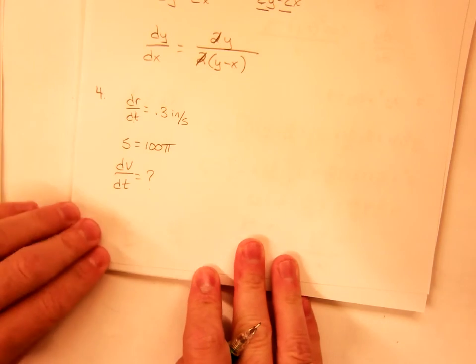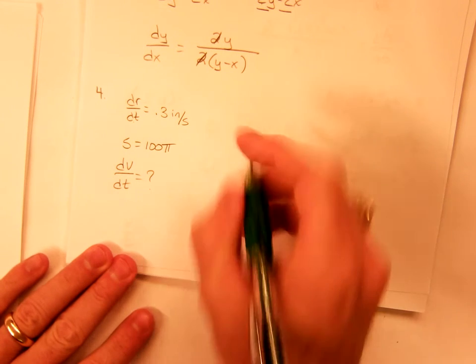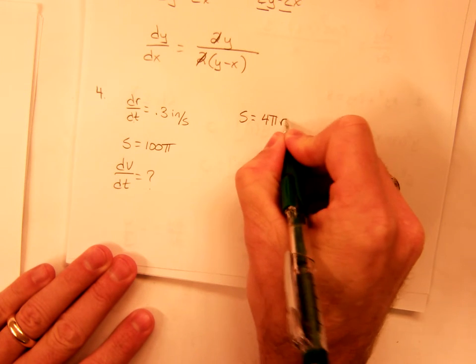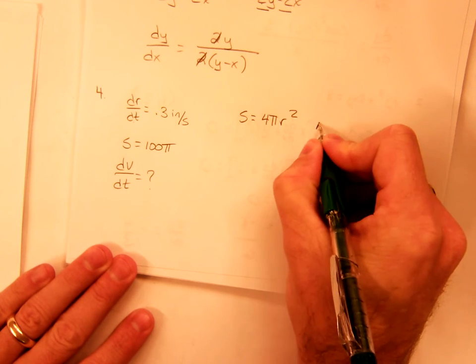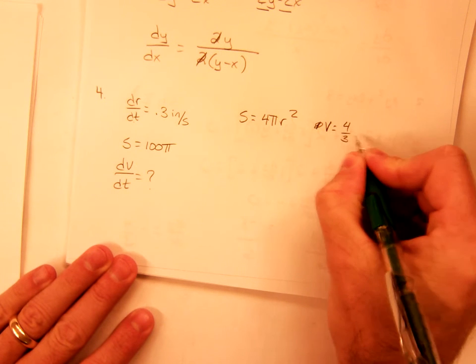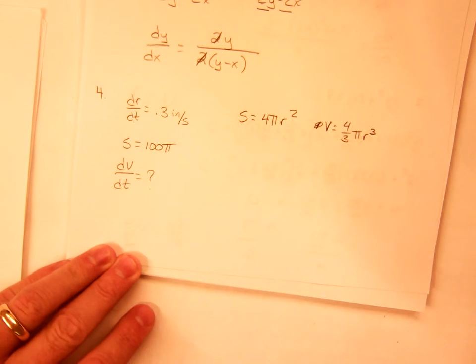All right, so this is a sphere, and the surface area is equal to 4 pi r squared, and the volume is equal to 4/3 pi r cubed. On this problem they give us a hint.